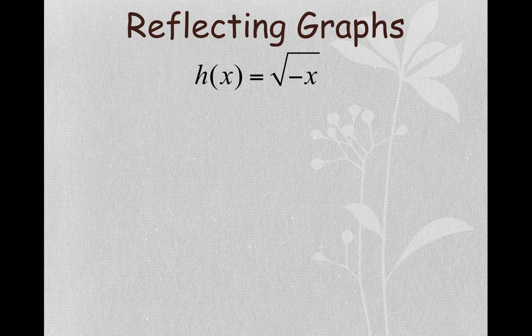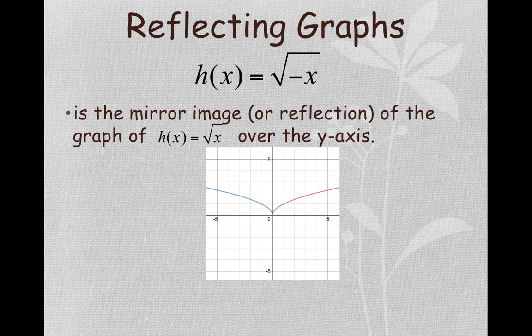So let's look at h of x equals the square root of the opposite of x. This is the mirror image or the reflection of the graph of the square root of x. It's a reflection over the y-axis because the x, that is the radicand, has a negative in front of it, that's inside the function.